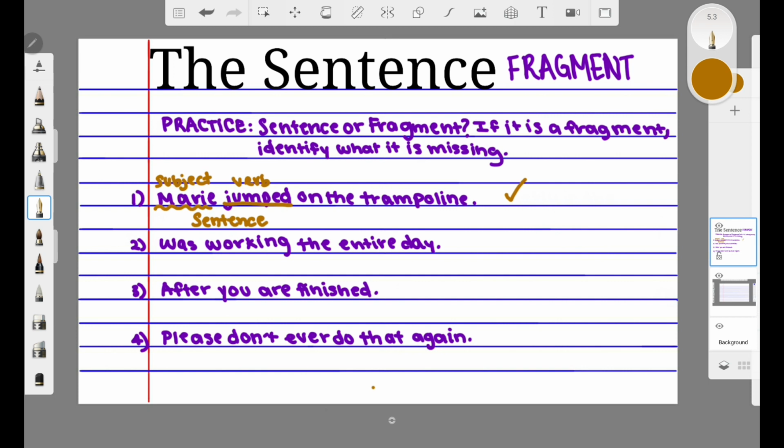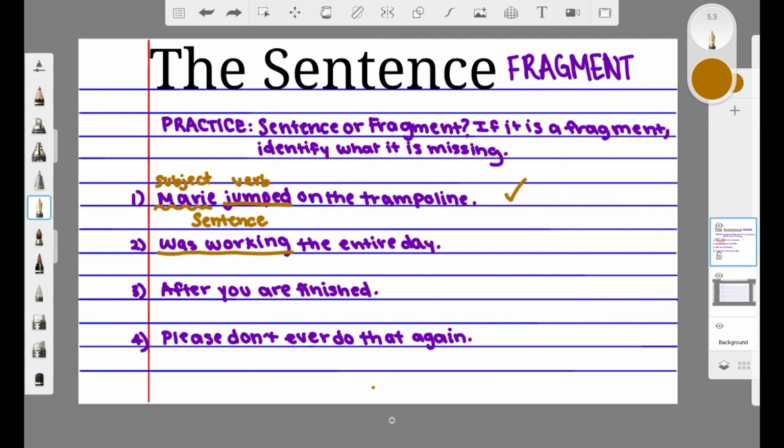All right. Second, was working the entire day. Okay. Starting from verb again, was working. Remember that this is also a verb because it's a helping verb. But who was working the entire day? We don't know.